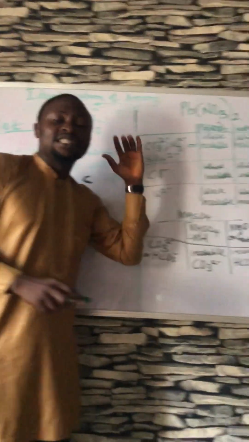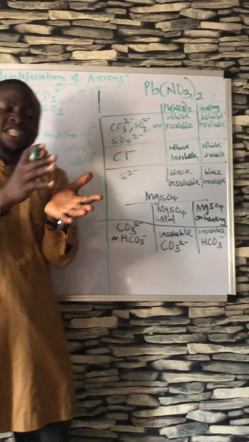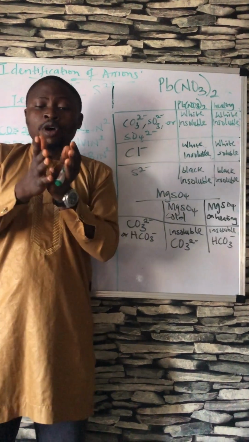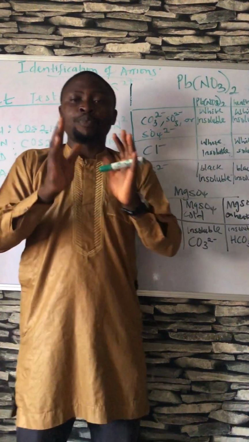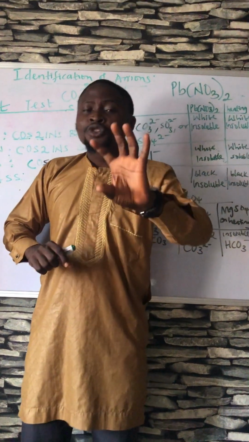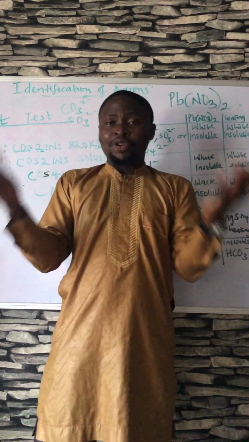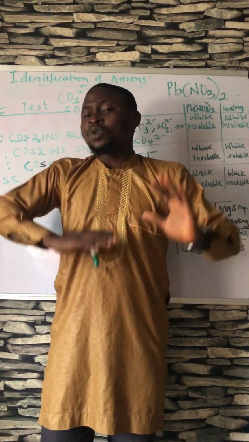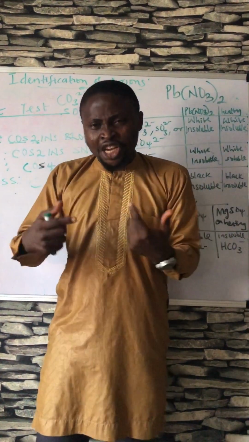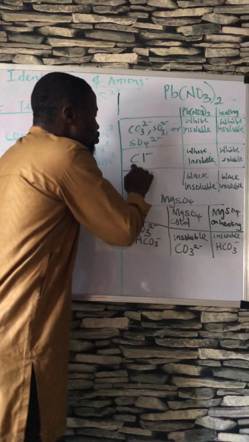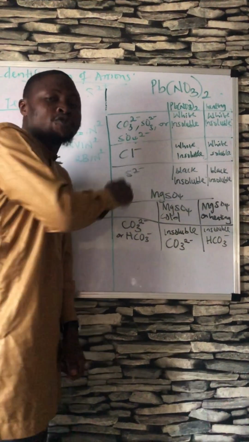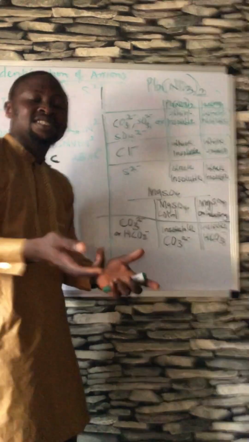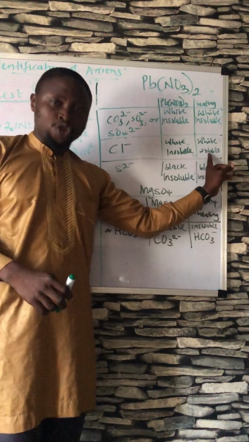It means that it is a white precipitate. When we say insoluble, we are talking about precipitate. If you are reporting your analysis, you are not going to use insoluble, rather you are going to use precipitate. But for brevity's sake, for the sake of this class, we are using insoluble. So chloride ion is insoluble when cold, but the precipitate becomes soluble when you heat it.